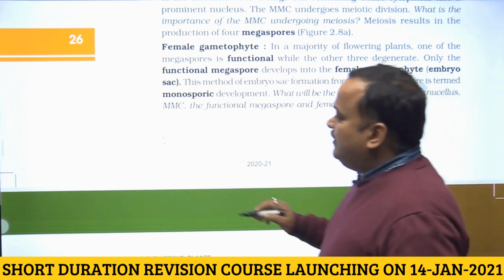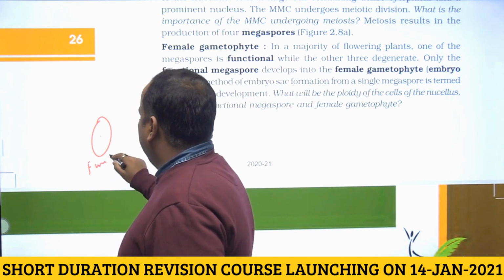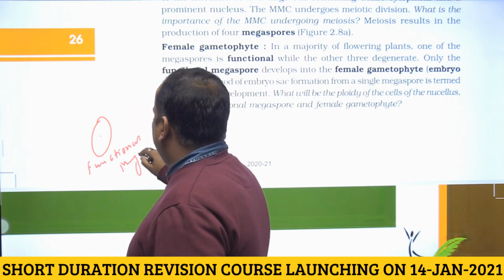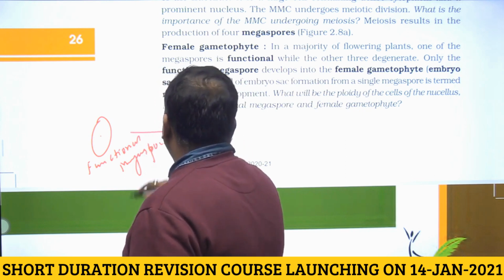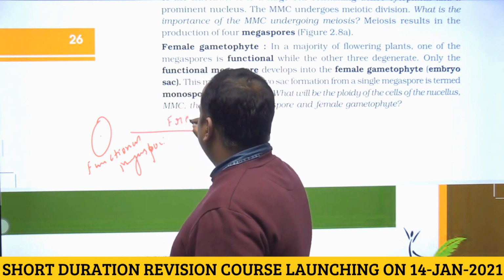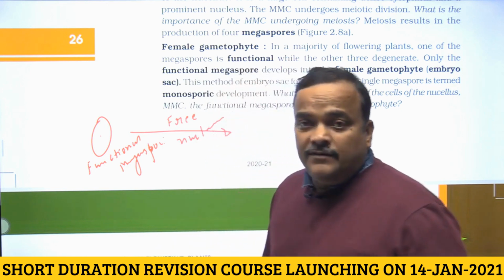Suppose this is your functional megaspore. It will undergo 3 successive free nuclear mitotic divisions.